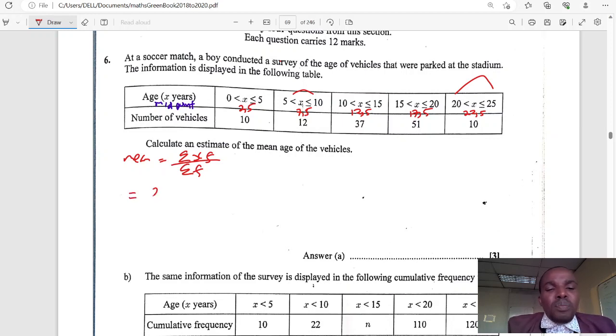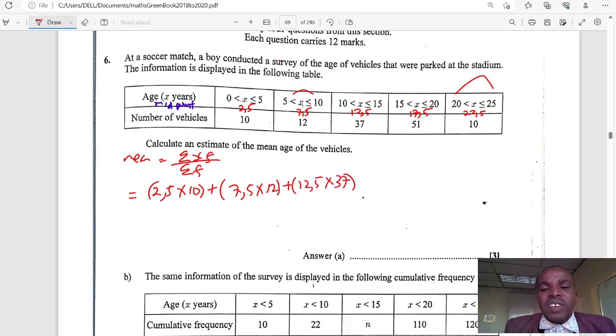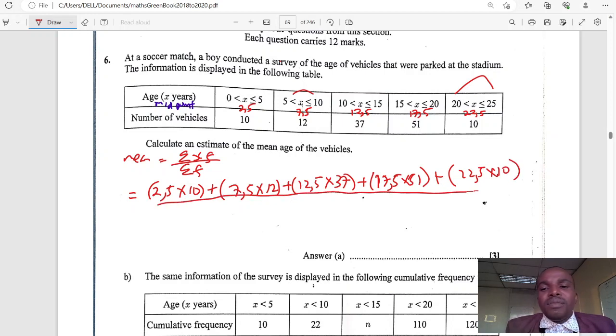So it will be 2.5 times 10 plus 7.5 times 12 plus 12.5 times 37 plus 17.5 times 51 plus 22.5 times 10, over total frequency: 10 plus 12 plus 37 plus 51 plus 10, like this.